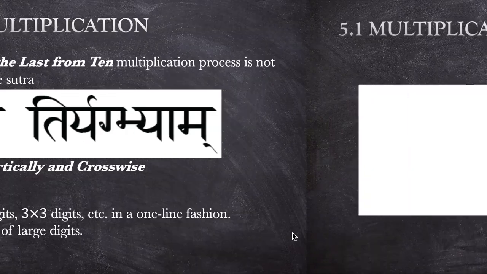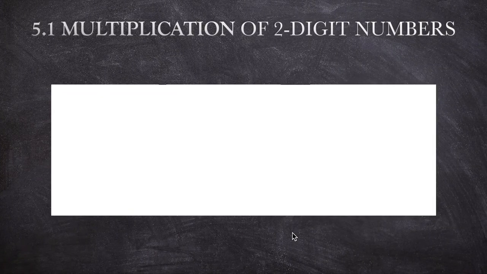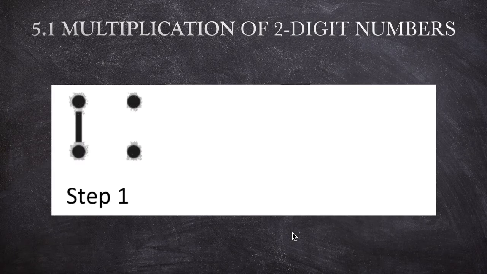So multiplication of two-digit numbers. How do we do that using the vertically and crosswise approach in Vedic mathematics? So first, imagine this to be two digits. This will be the first number, and this is the second number. So step one will be, we're going to multiply from left to right, everybody.